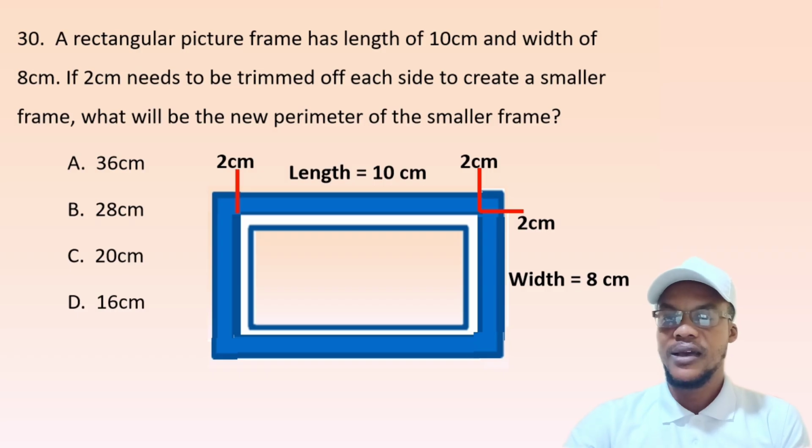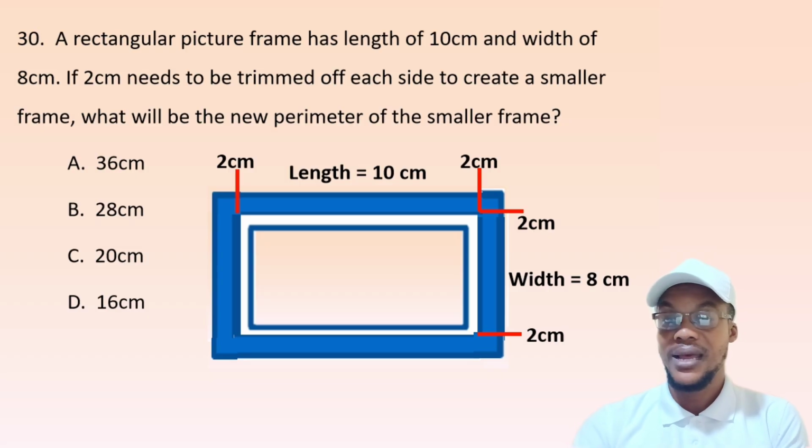Then I also have to cut the other side as well, horizontal form, and that one is also 2 centimeters. So this also suggests that on the width side, I've cut 2 centimeters two times, meaning that side is also 4 centimeters cut off. Have you gotten that? And that we are going to cut from 8 centimeters.